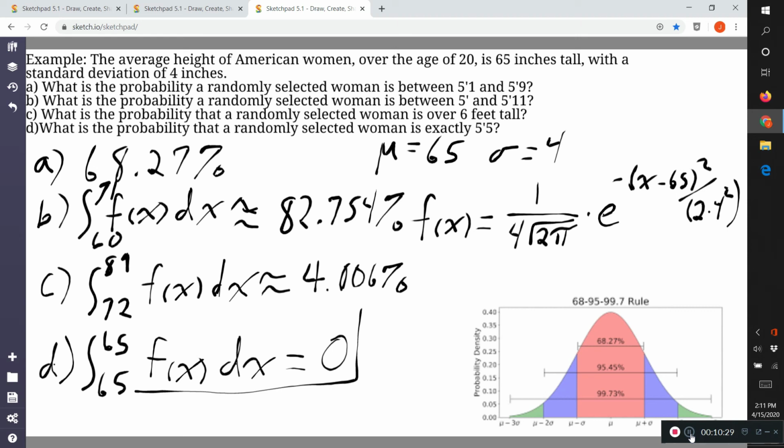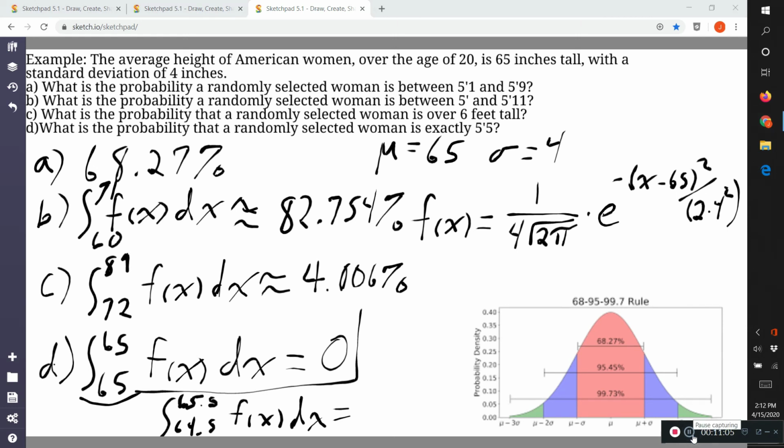So if we're going to do the integral, I'm going to have a low bound. I would say anybody above about 64.5, to about anybody 65.5, of f of x dx. And I think that's a pretty good estimate to answer that question as it's intended. But you've got to use some discretion there.